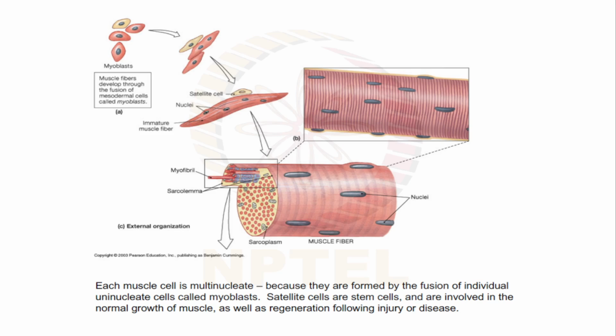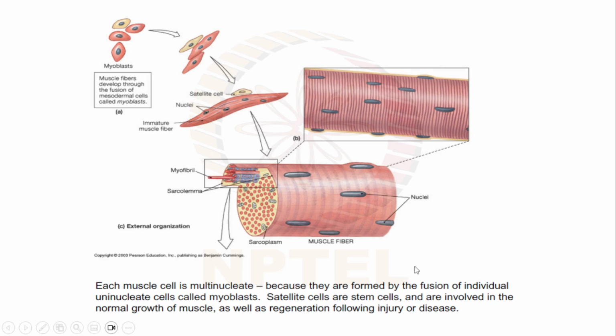These many myofibrils come together to form a single muscle cell, and many muscle cells come together to form a proper muscle. Just keep this in mind, don't get confused. Myofibril is a different term and muscle cell is a different term, but muscle cell and muscle fiber are one and the same thing. Muscle fiber and muscle cell are the same, but myofibril is different from muscle fiber or muscle cell. Many myofibrils come together to form a single muscle cell.